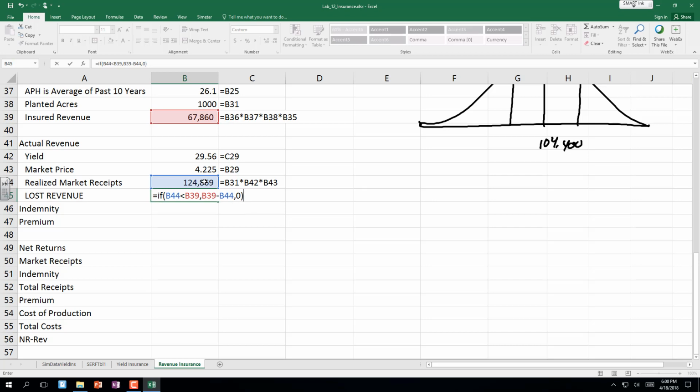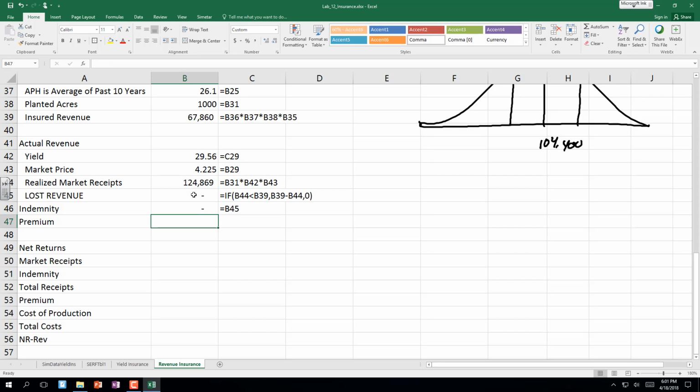So if this blue box is less than the red box, take the red box minus the blue, this will only be positive if you do it that way, or zero. And so the indemnity is going to equal this lost revenue, because we've already taken into consideration the insurance fraction.